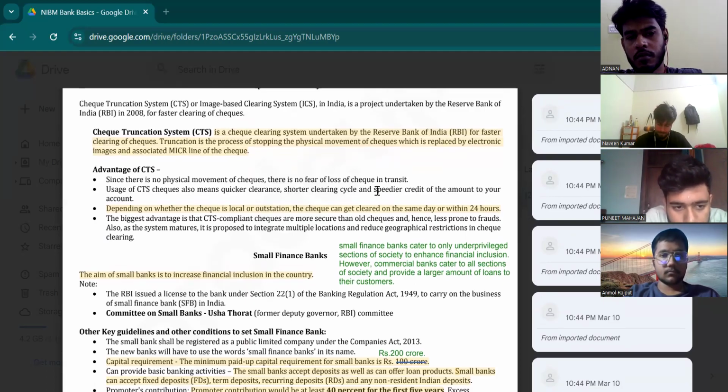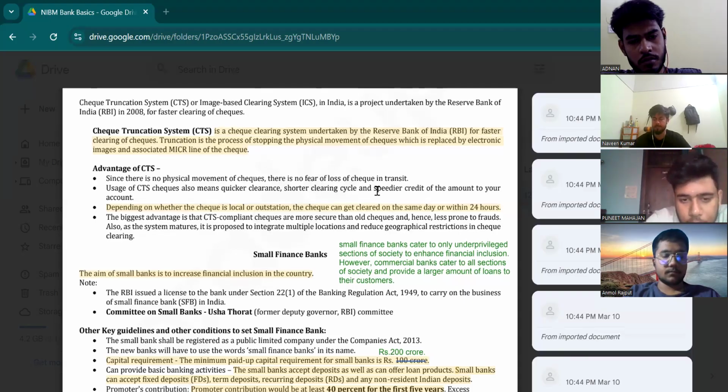The MICR code is scanned by a machine, which gives all the details, and the check gets cleared on the same day or within 24 hours. At present it is mostly on the same day. Within half an hour you get your check cleared.